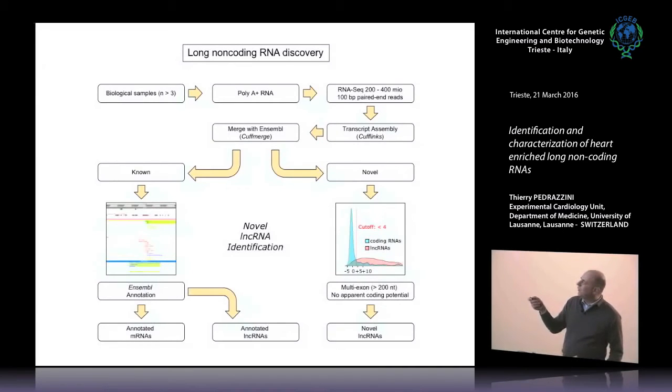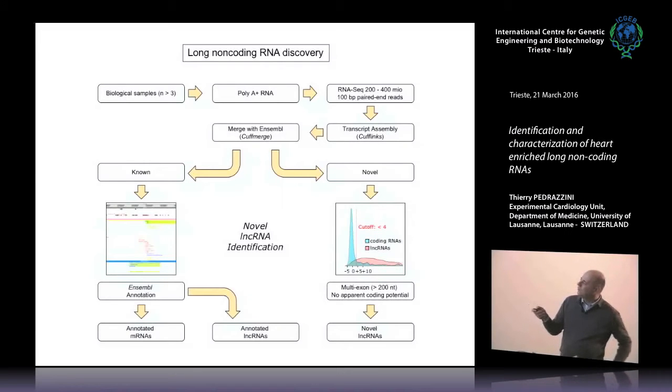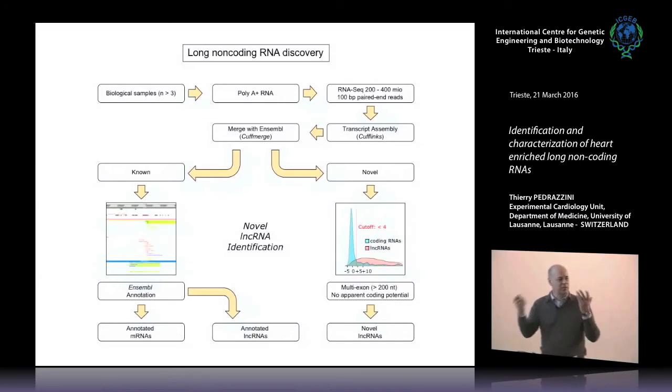Then we use a pipeline to reconstruct the transcriptome. So that is just to identify the transcripts. And from these transcripts, we can separate what is known. In this group, we have the messenger RNA, but we also have the annotated long non-coding RNA, identified by others.